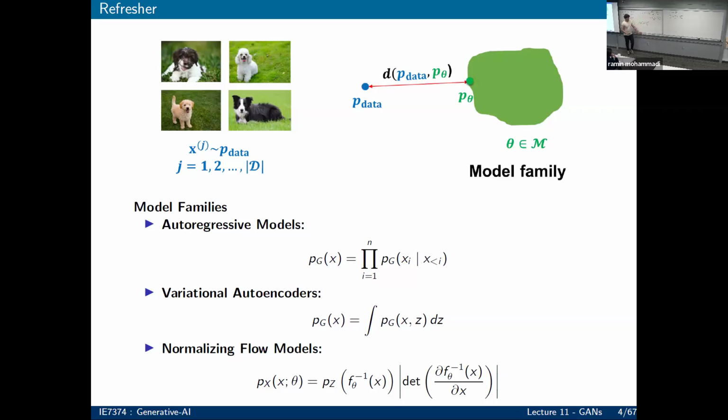So this and this are technically the same thing. Make sense? Okay, so that's the idea of normalizing flow. You need a function that can transfer from one variable to the other and is invertible, and we use this change of variable formula to define the probabilities.